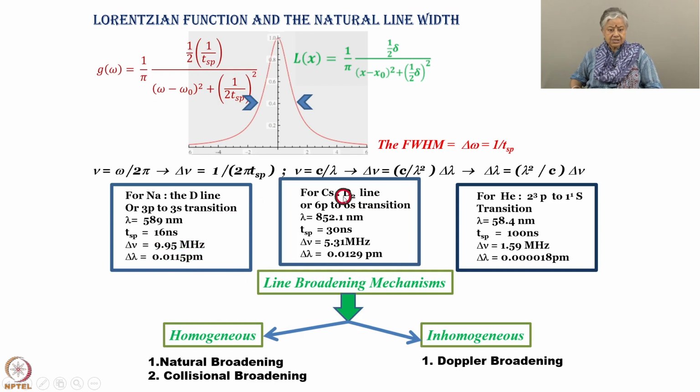Then if you compare it with cesium, you will find the cesium line is broader than the sodium line. Okay. If you compare it with helium, you will see the helium line delta lambda is very small, as good as 0, but okay, it does have a width in picometer. So, out of the 3, the helium line is the smallest.